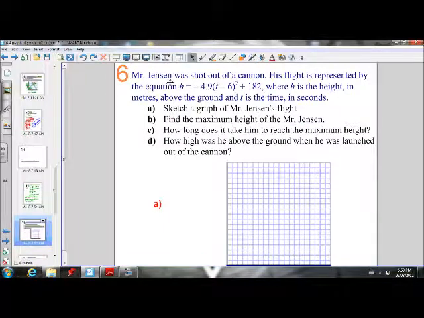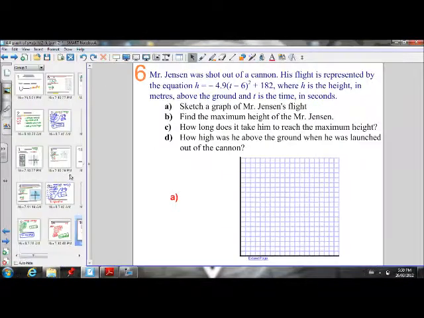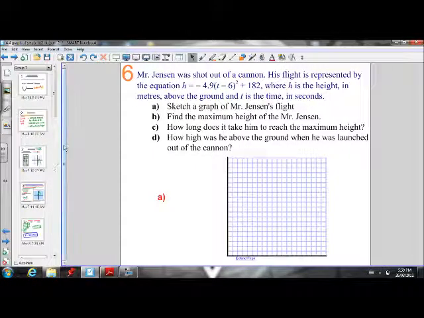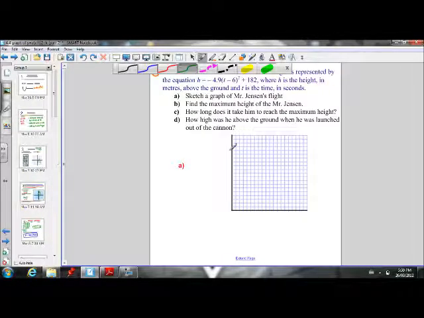So the question is, if I was shot out of a cannon, my flight is represented by this equation. H is the height above the ground, and T is the time. Okay? So let me just get you started by showing you the graph here. So let's just extend the page. Okay, so I'll just label our axes for you.